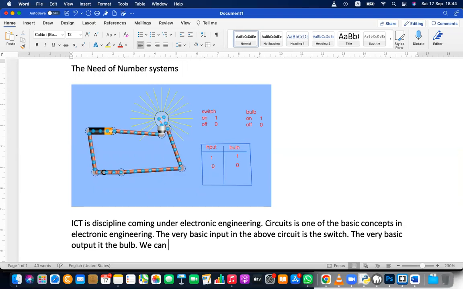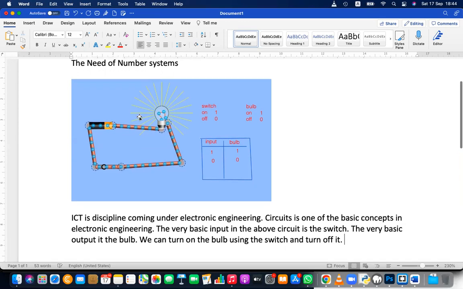We can turn on the bulb using the switch and turn it off.